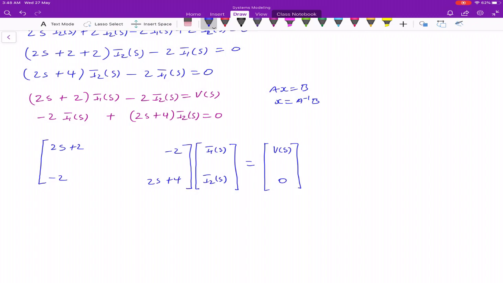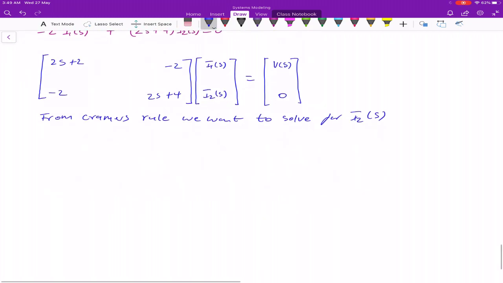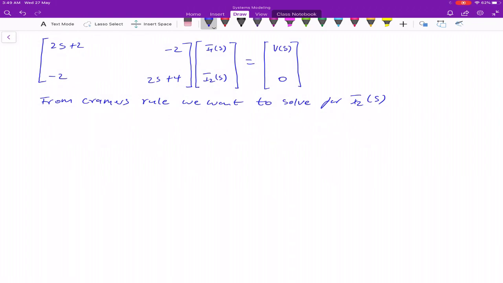So now from Cramer's rule we want to solve for I2 of s, okay? And applying Cramer's rule, we have I2 of s is equal to, so we take the determinant of the top part.